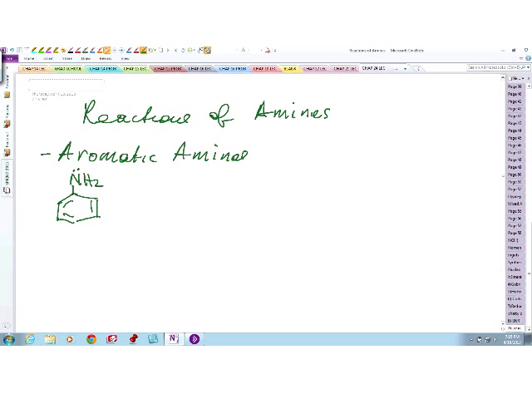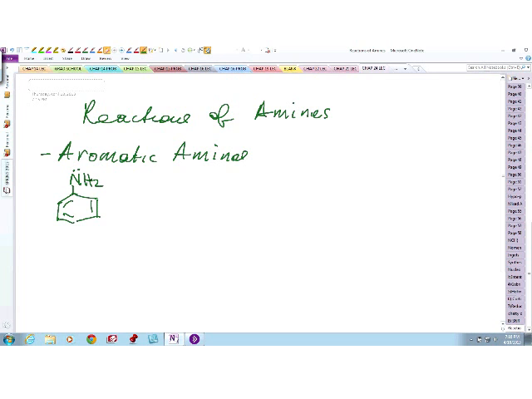If you recall, when we did the aromatic compound chemistry, we gave you different substituents that would direct an incoming group to either the para position, ortho position, or the meta position. Okay, if you still recall that, what kind of director is the amino group?